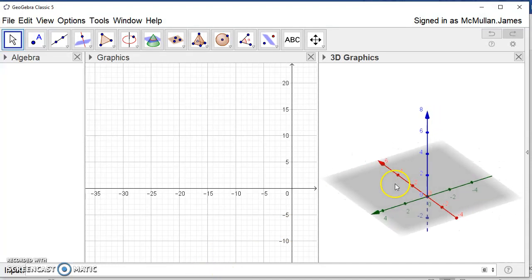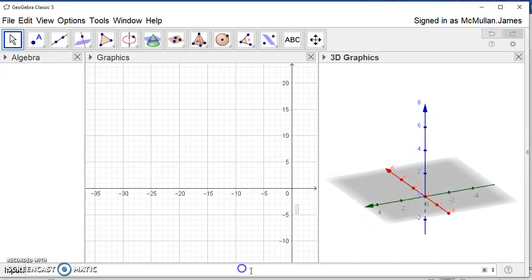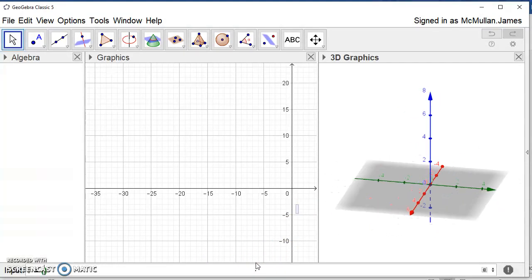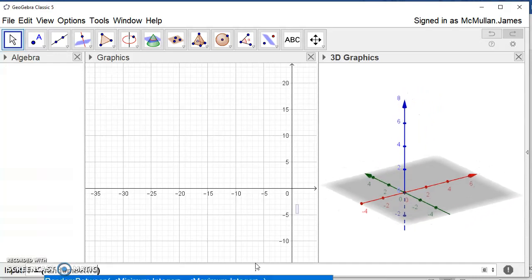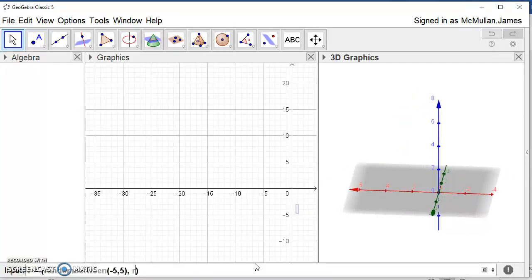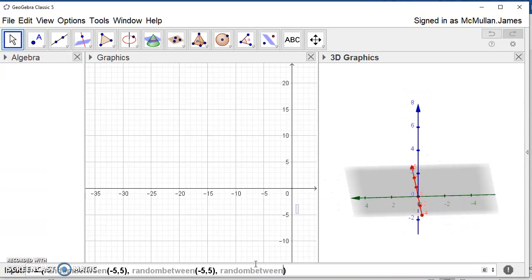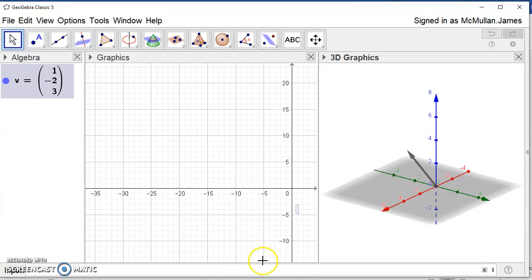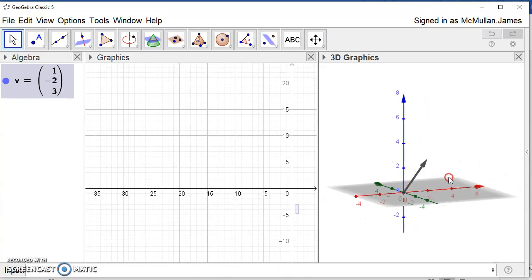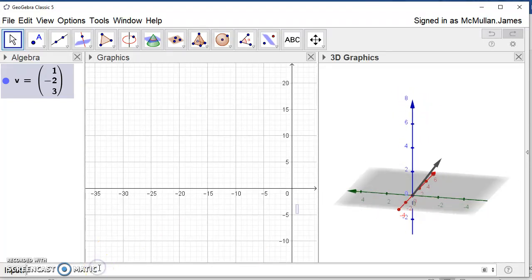If I draw a vector, let's make up a random one. So V is equal to random between -5 and 5, random between -5 and 5, random between -5 and 5. And so we have this random vector 1, -2, 3. Now if I make up another vector, we'll call it U, there is another vector there.